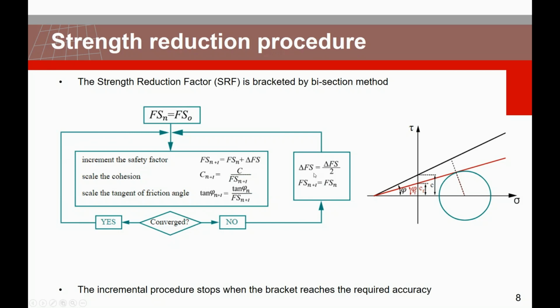If not, we reduce our delta by dividing it by 2 and compute a new safety factor, and again perform a nonlinear analysis until an equilibrium is reached. So this is the iterative process which is used in Diana.